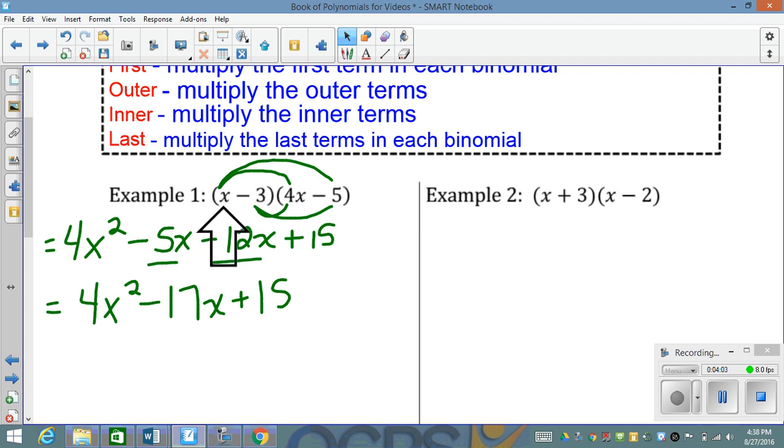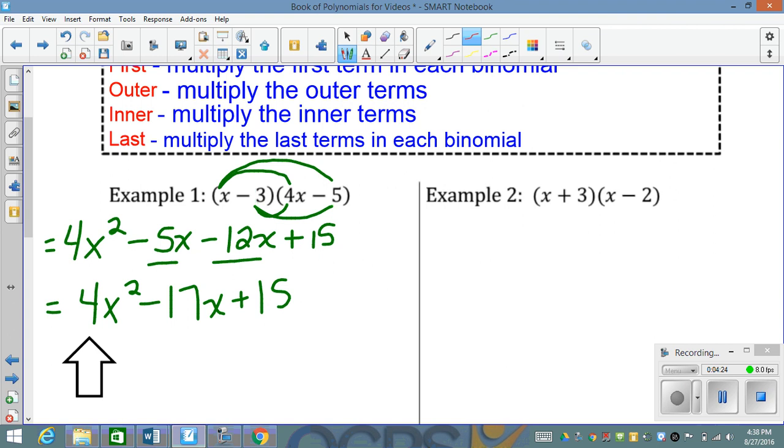I distributed the x to the 4x minus 5. Here and here is the distributing of the -3. So all I did was distribute twice. I distributed the x, distributed the -3. And that gave me my final answer. Okay? All right, let's go to example 2 using the FOIL method.